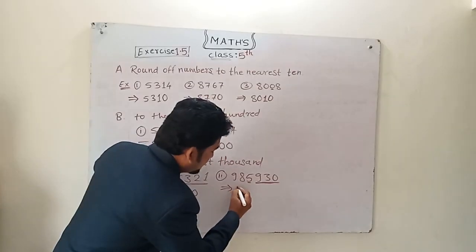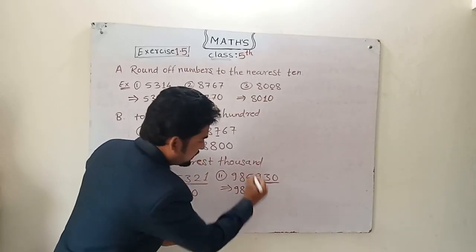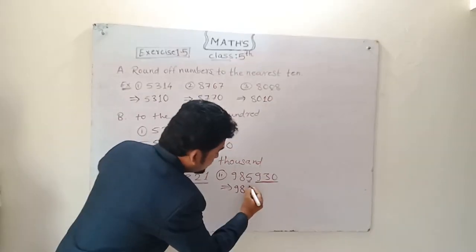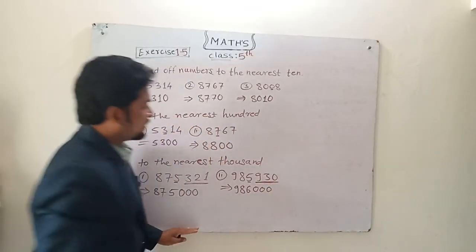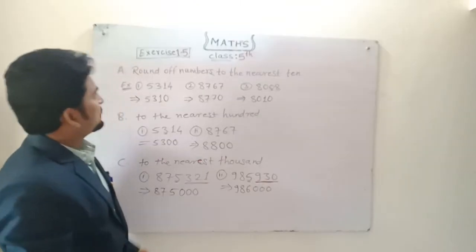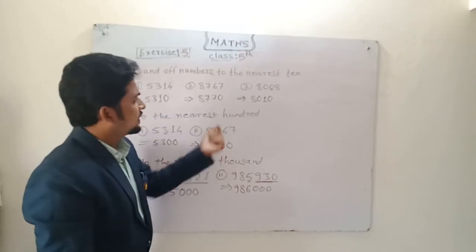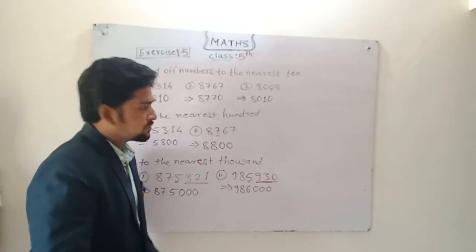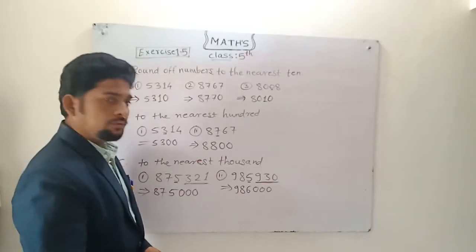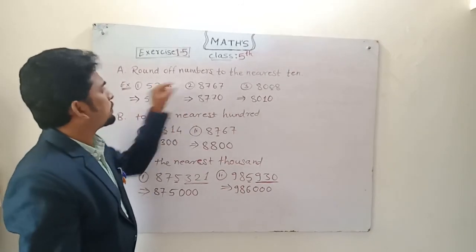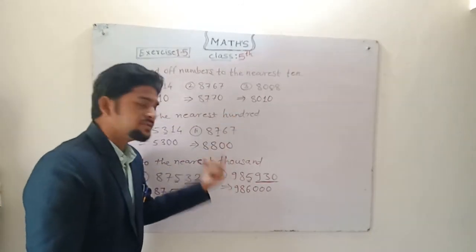Remaining as it is: 9, 8 as it is, 5 will change to 6, and we have to put 3 zeros. This is the concept of rounding up to the nearest 10, nearest 100 and nearest 1000. From this concept you have to solve all the remaining questions of nearest 10, nearest 100 and nearest 1000.